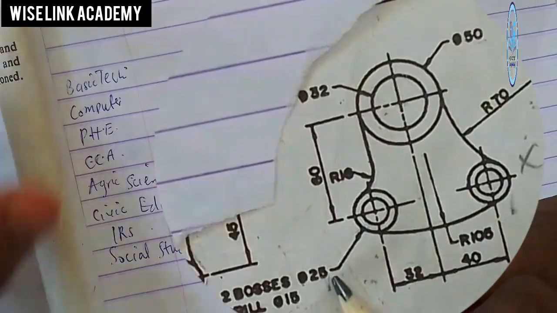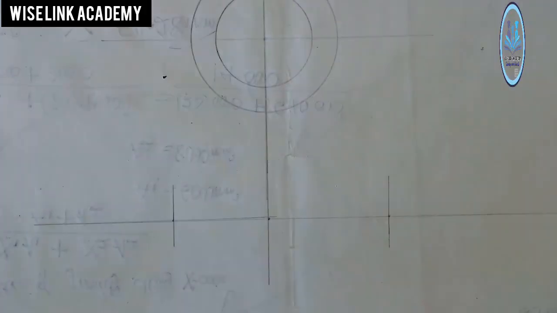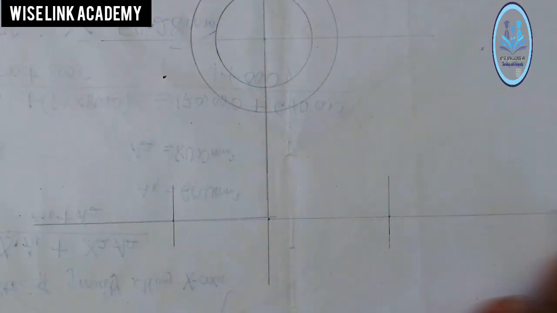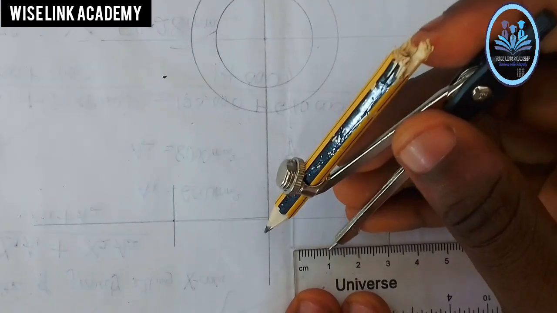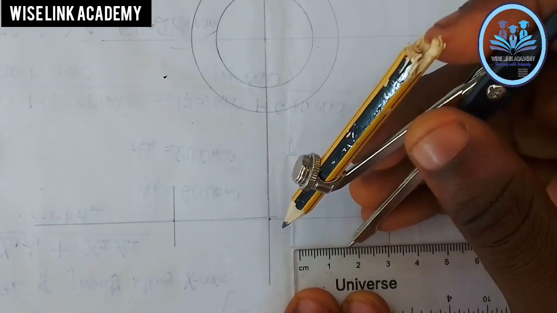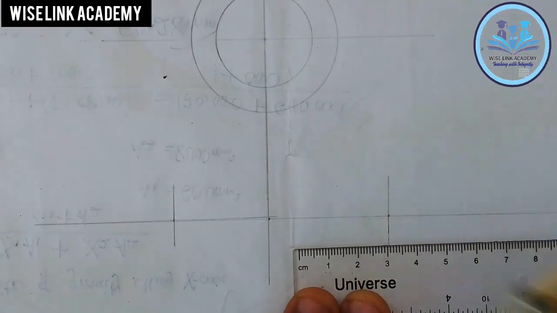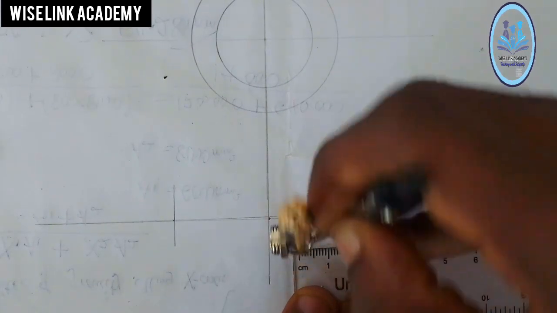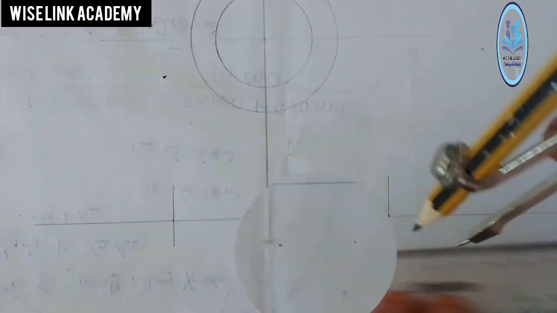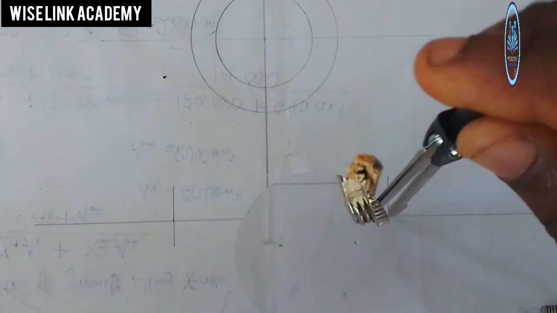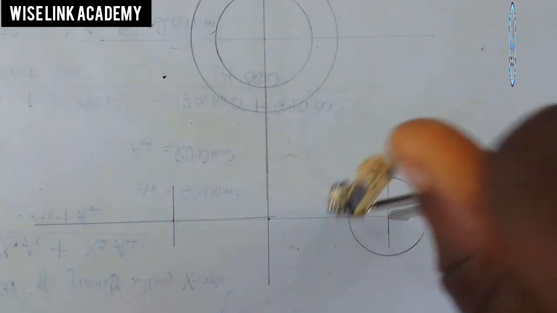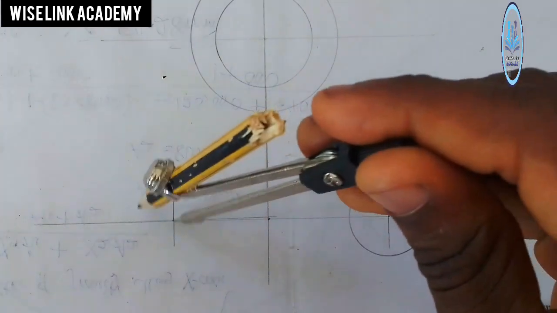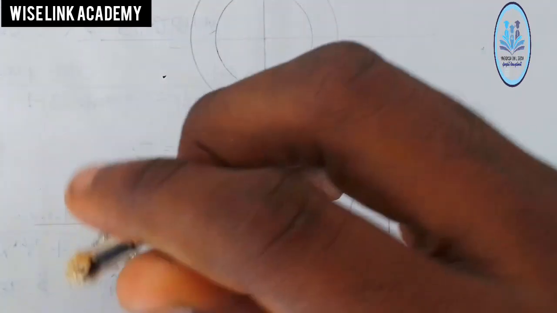So 12.5 and 7.5. I'll measure 12.5 for the bigger one. That is 12.5 from here to here, right? I'll place it at this place here. Draw my circle this way. Onto another part here too, because they're having the same readings.